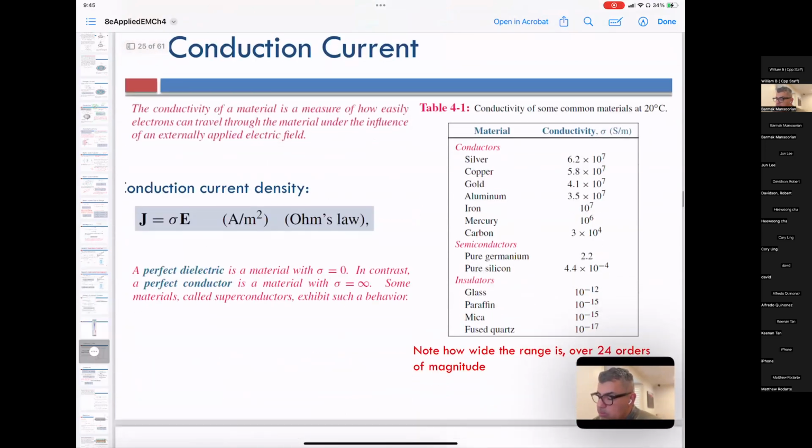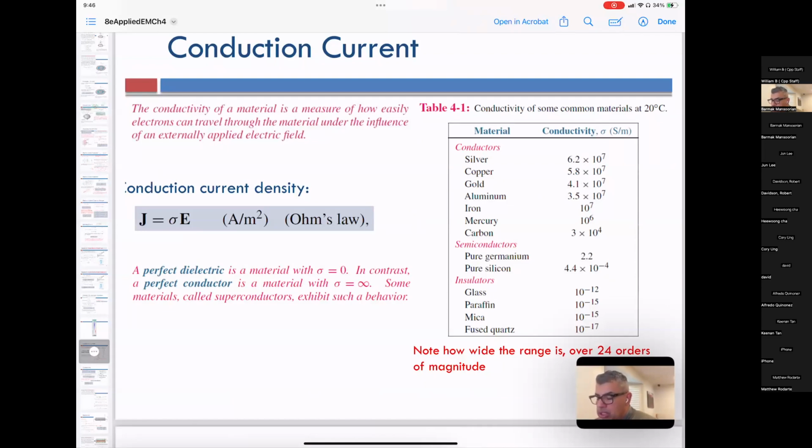Okay, we talked about electric field, now we're going back to currents. The current density is the current per unit area going through a material.